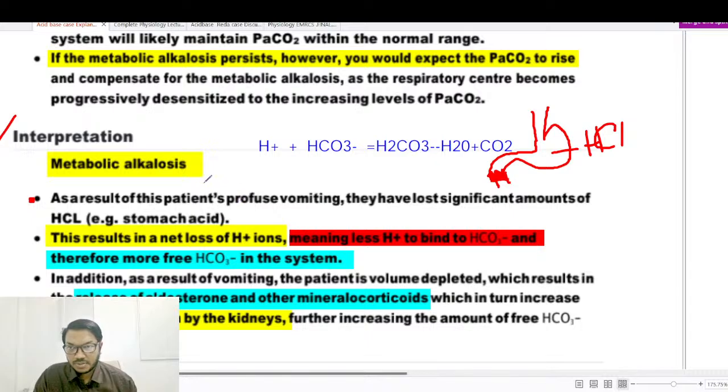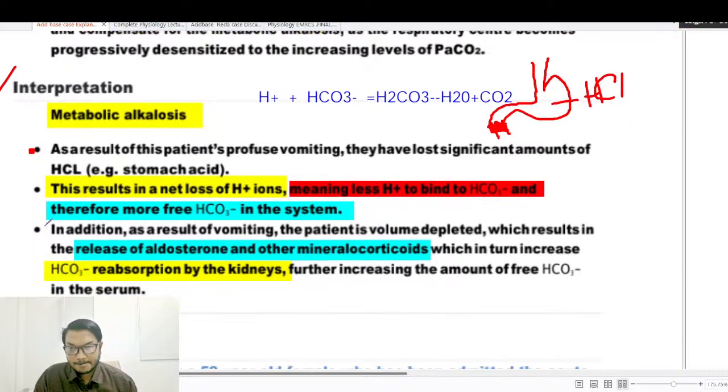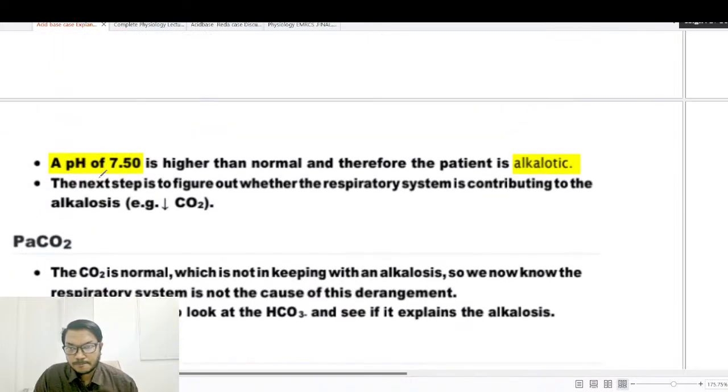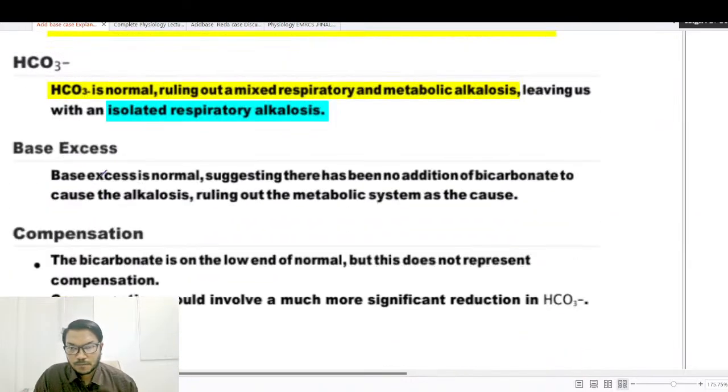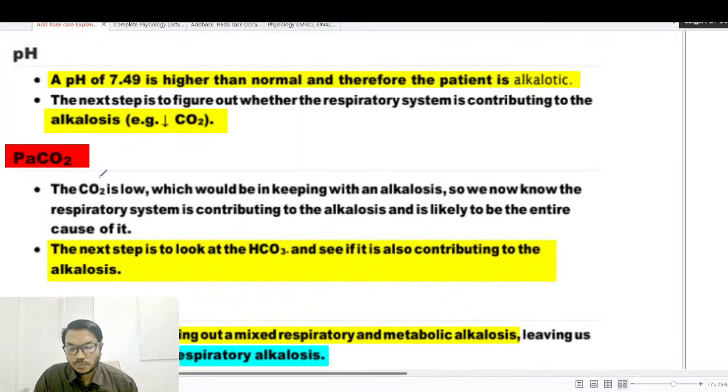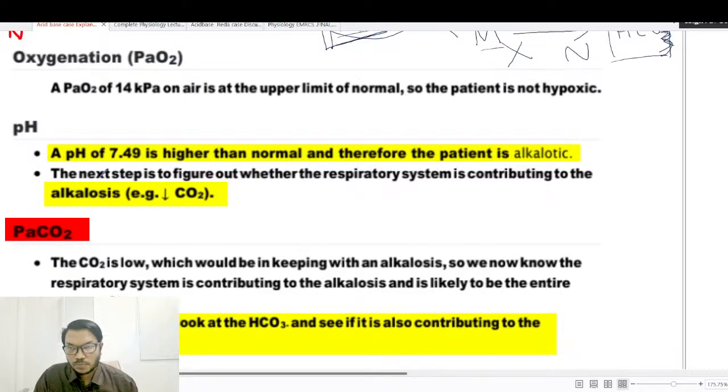Interpretation: metabolic alkalosis. This is metabolic alkalosis suspicion.